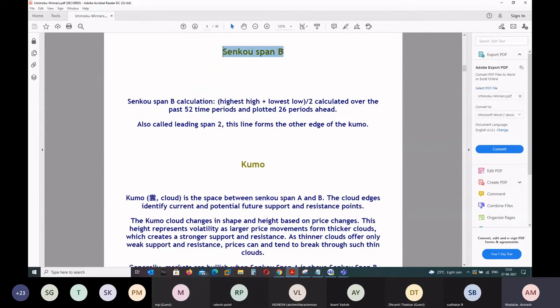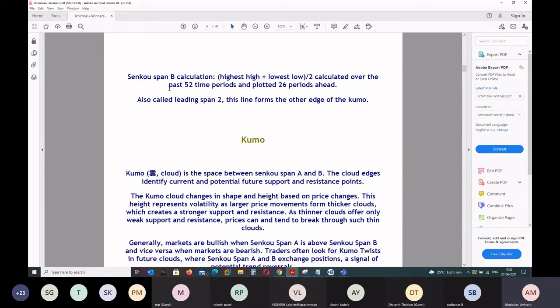And Senkou span B, how is it plotted? You take 52 periods, that's 52 candles. You take the highest high and the lowest low, and divide by 2. So 52 weeks high and low divided by 2.